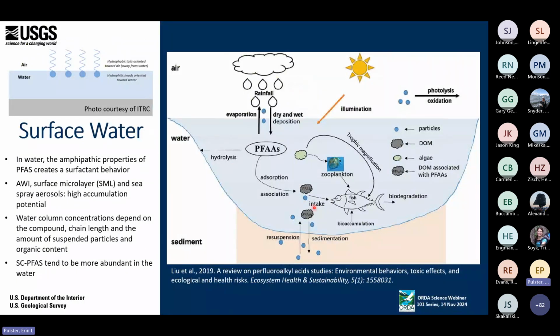In terms of surface water, PFAS physicochemical properties also indicate where they're going to partition within the water column. Again, I mentioned there are both hydrophobic and hydrophilic parts of the PFAS, so they're going to orient themselves between the air and the water.